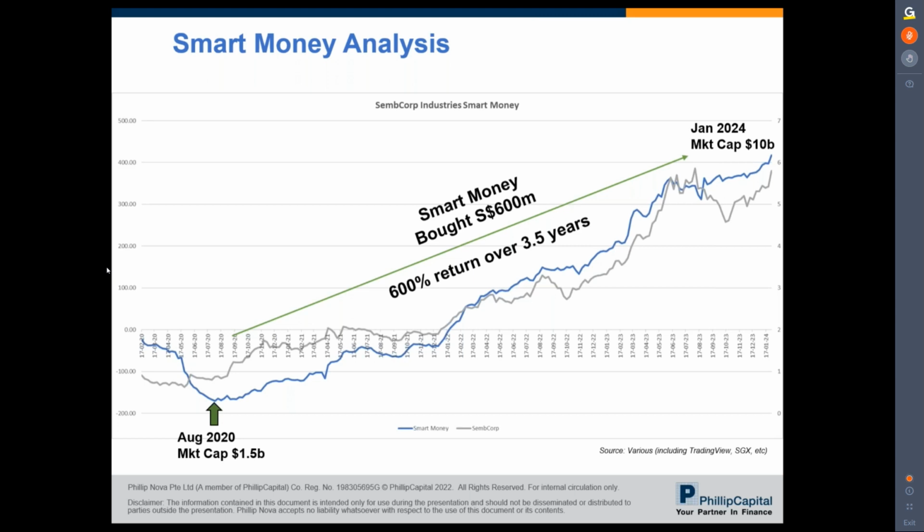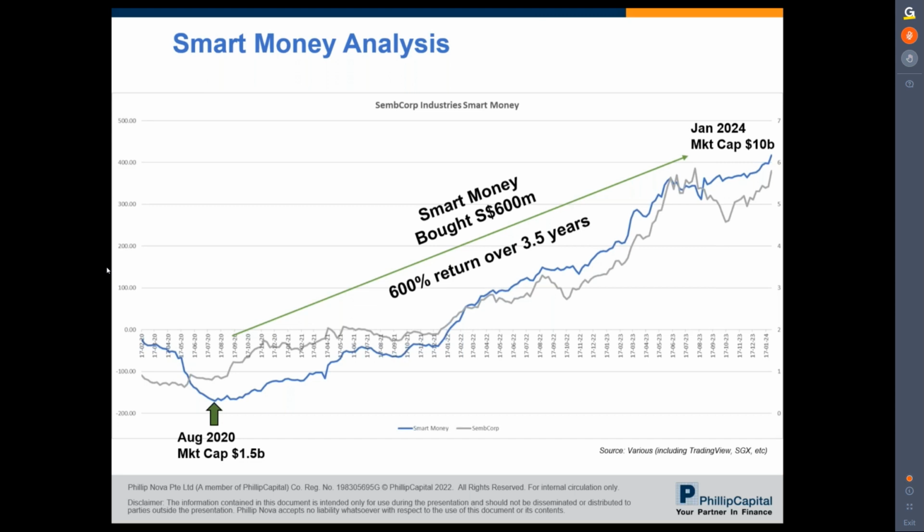Right? If there are more buyers than sellers among the smart money, then the share price would appreciate. So by studying what the smart money is doing, we can very much understand the direction the stock price will go towards, right?